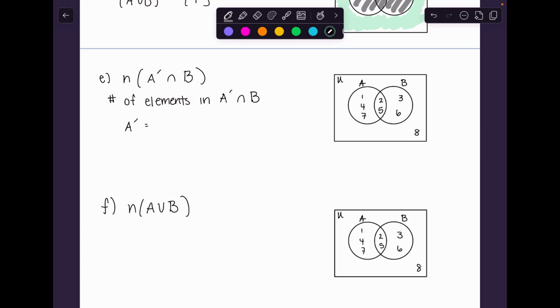Okay. So if I start with A complement, again, I'm going to black out A's circle. So the complement is everything except that. So it's 3, 6, and 8. Okay. And I want to intersect this with B, so I'm going to show you how to do this just by writing the sets too. Looking at B's circle, that's 2, 3, 5, and 6.